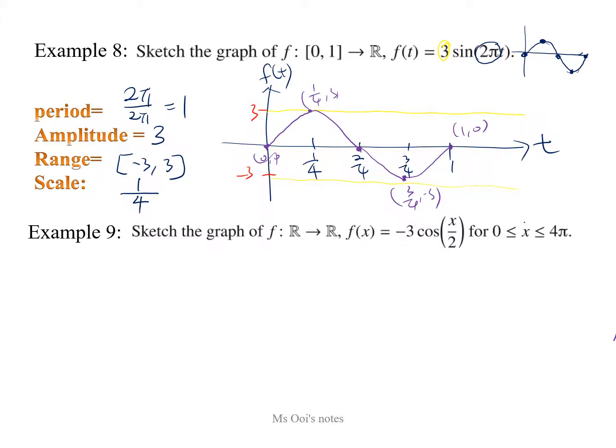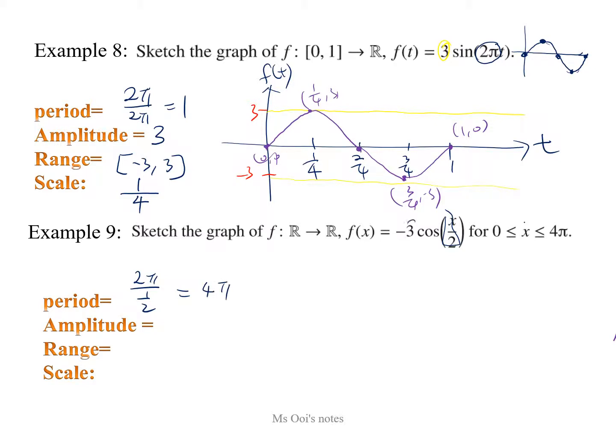Again, let's write down all the important information. The period is 2 pi divided by half, the coefficient of x. 2 pi divided by half will give you 4 pi. The amplitude is 3. Be careful, amplitude is always a positive number.